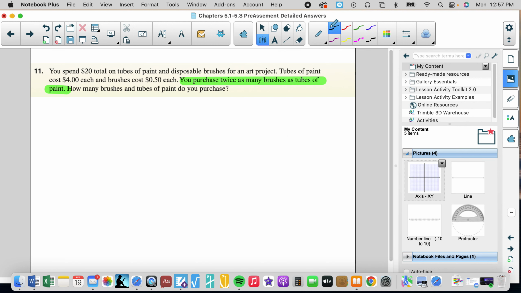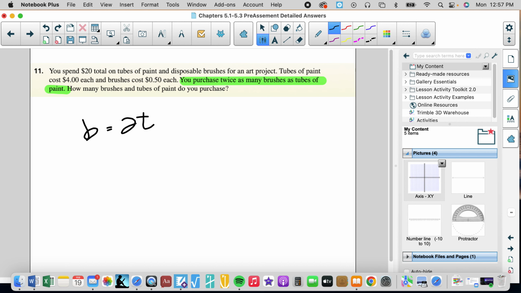So I know that I'm going to have more brushes than tubes of paint. So my brushes are, I'm going to have to double my tubes. I know that sounds counterintuitive. Well, why am I doubling the tubes of paint? Aren't I supposed to have twice as many brushes? You are.